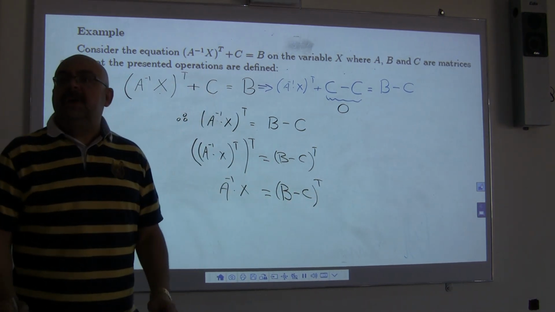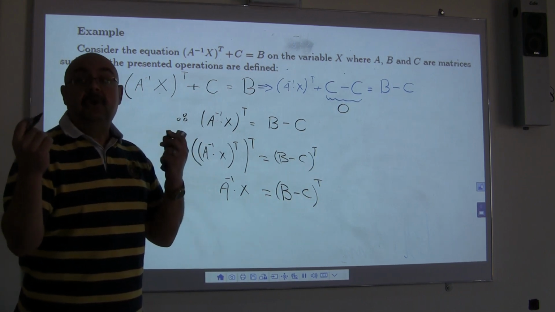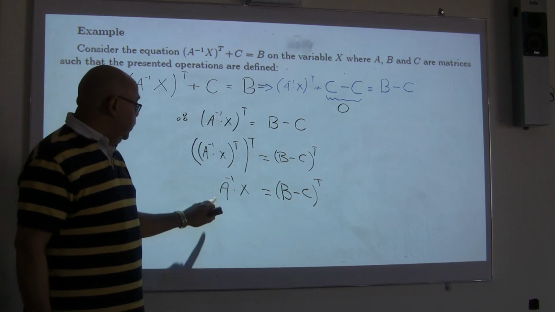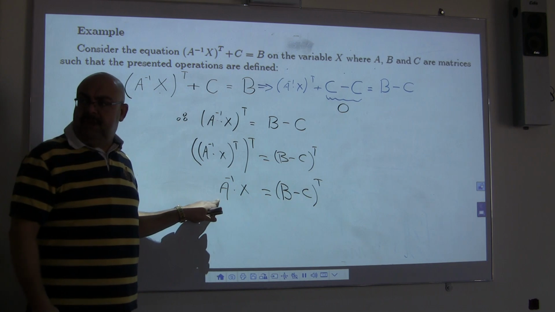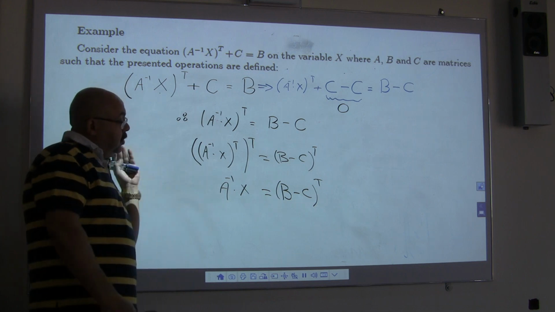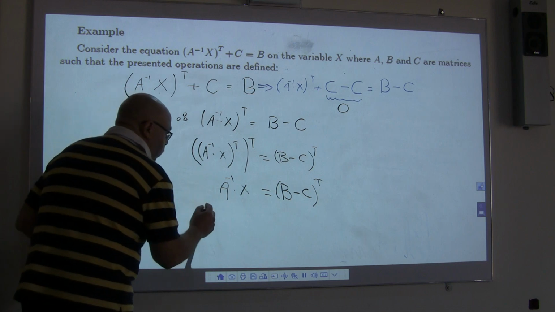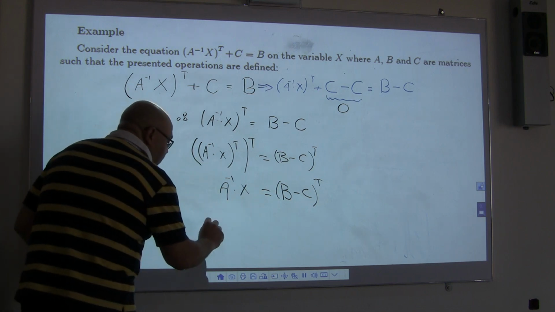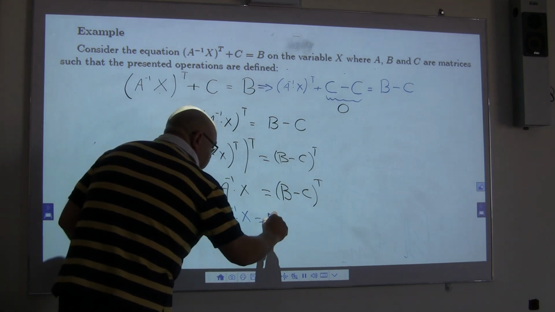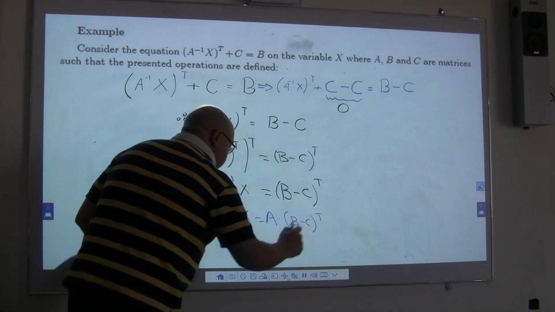Then I need to get the value of x. I will multiply both sides. Careful, from which side are you going to multiply? I will multiply both sides to get rid of A minus 1. How to get rid of A minus 1? Just multiply it by A, with left-side multiplication for both sides. So it's going to be A times A minus 1 x equal to A times (b minus c) transpose.